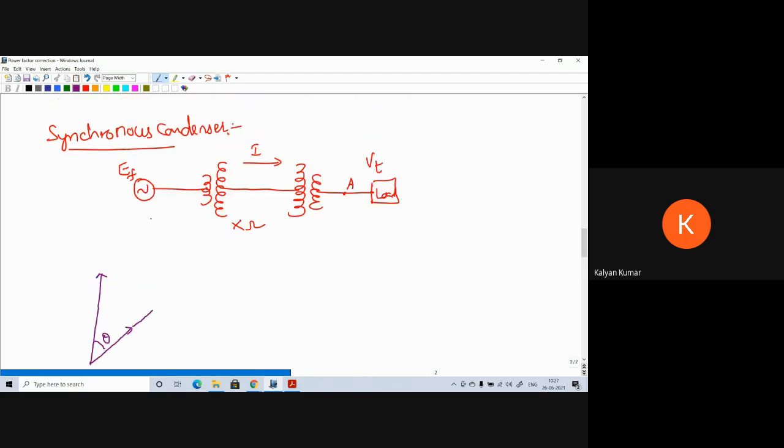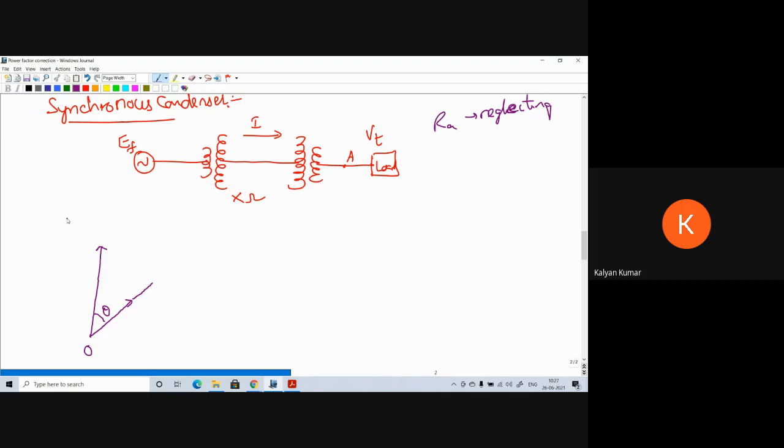That means, if RA is negligible, we are neglecting RA, the IX drop we have to add perpendicular to I. It results in EF. This is VT and this is the IX drop.